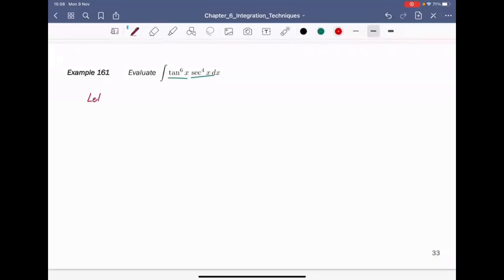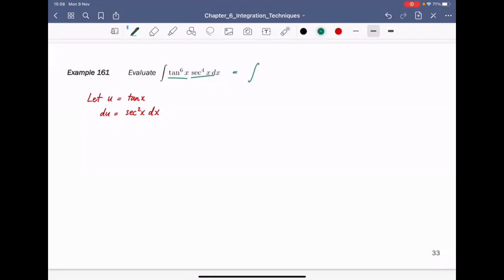So I'm going to pick u equal to tangent first. If I pick u equal to tangent, I'm going to get du equal to secant square x dx, right? And then let's do substitution.